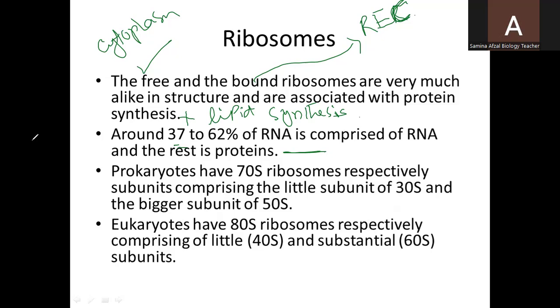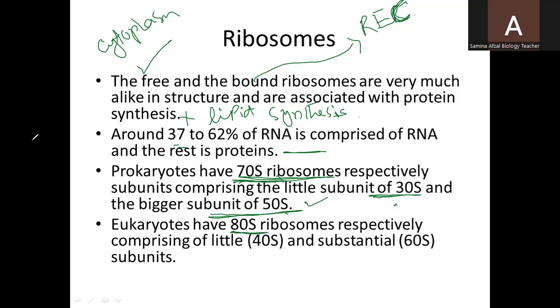Prokaryotes have 70S ribosomes, in which the smaller subunit is 30S and the bigger subunit is 50S. Whereas eukaryotes, the proper cells which have a proper nucleus, have 80S ribosomes.